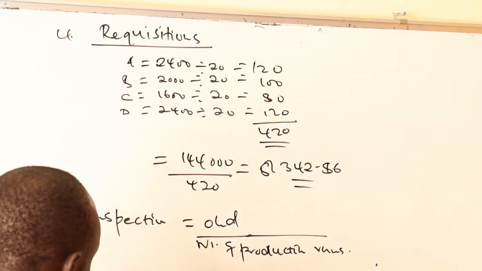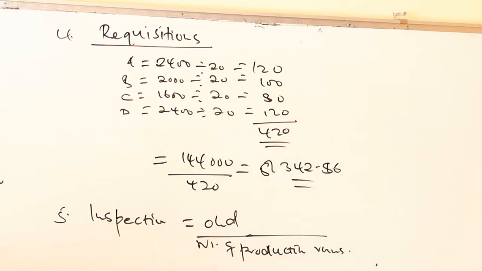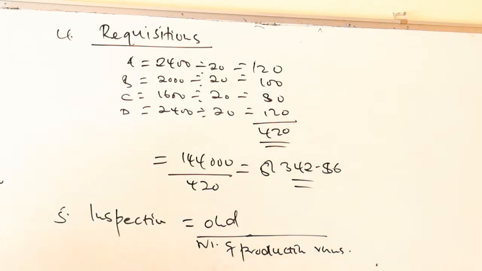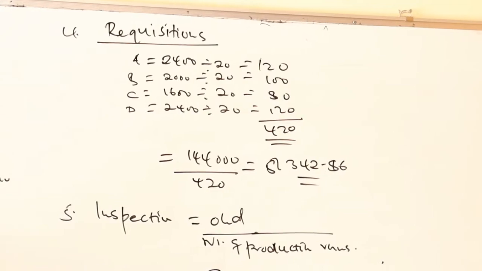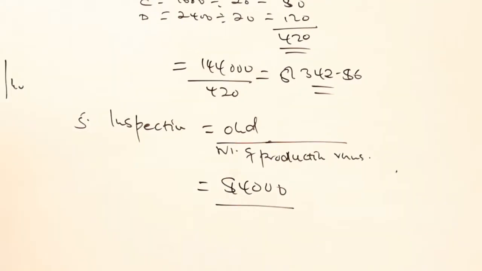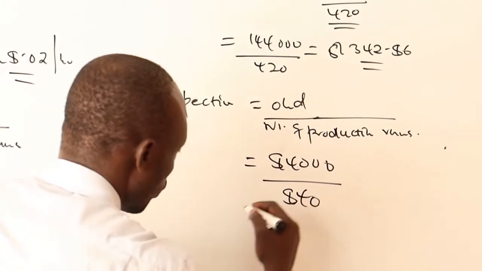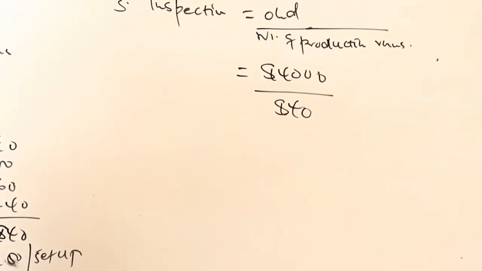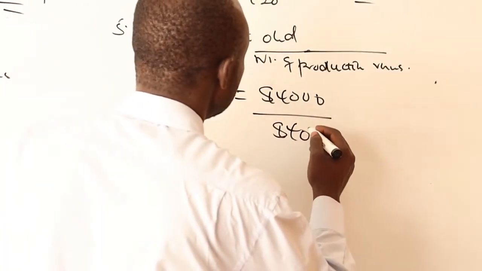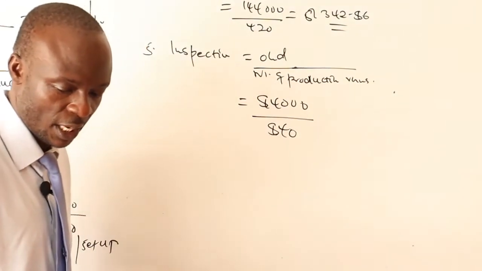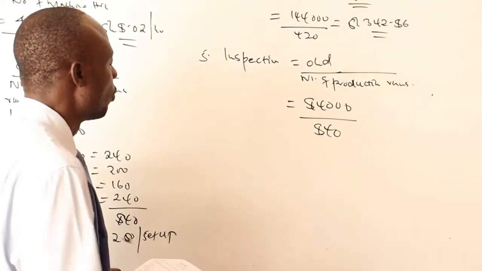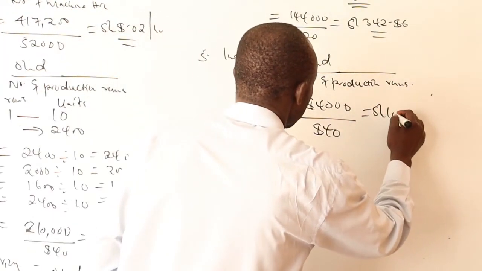So the total overhead for inspection is 84,000. We had already determined the number of production runs here. The total is 840. So we divide by 840 to get 1,000 shillings. 840,000 divided by 840 is 1,000, so it will be shillings 100 here.